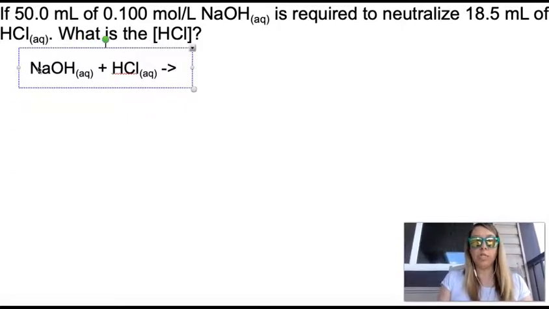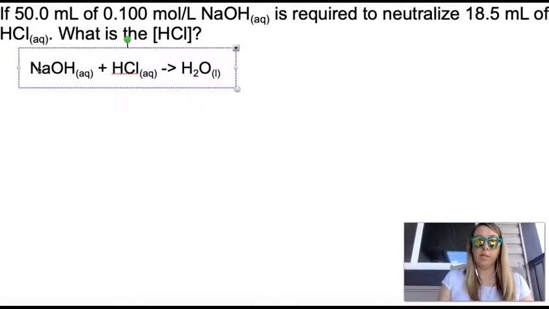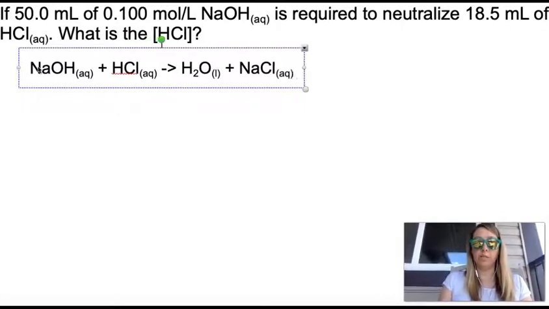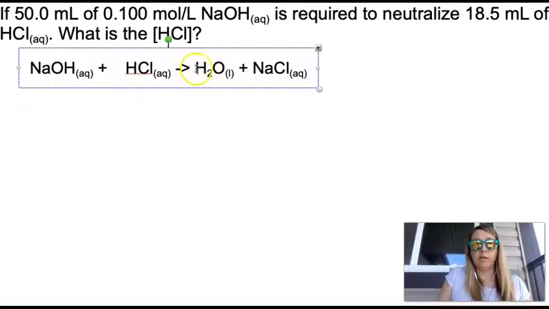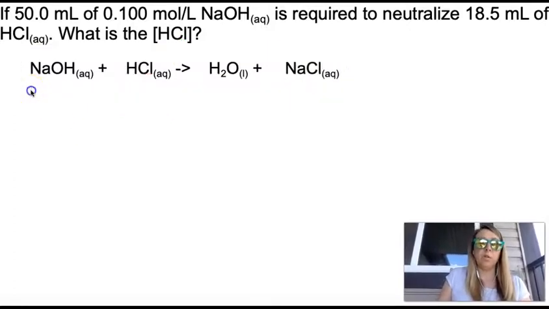It's a neutralization, technically a type of double replacement, but specifically we are making water. And then we're going to make our ionic compound, which in this case is going to be sodium chloride. When we check this equation, everything is already balanced, so we don't actually need to do anything to balance it.